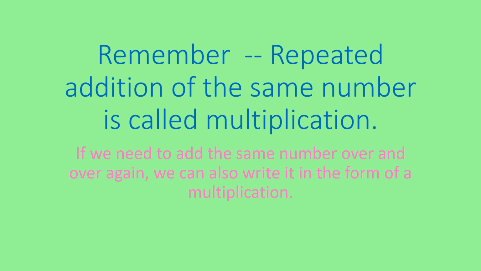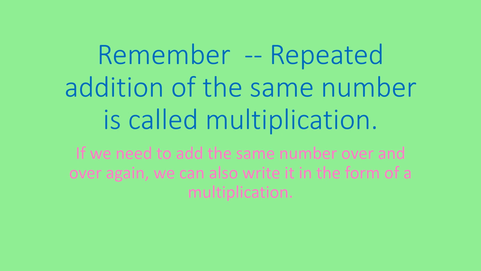We can multiply only if the same number is added. How many times it is added, that many times we will multiply. So see there, if we need to add the same number over and over again, we can also write it in the form of a multiplication.